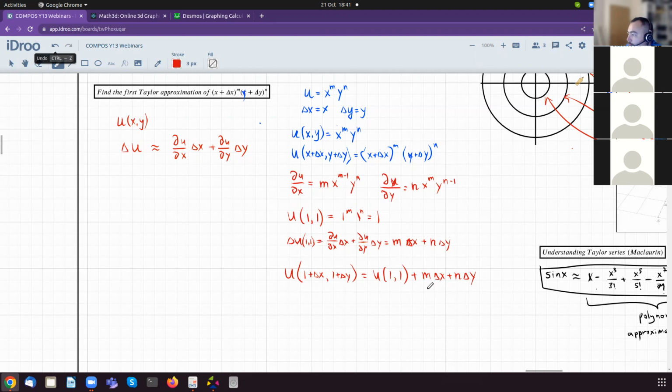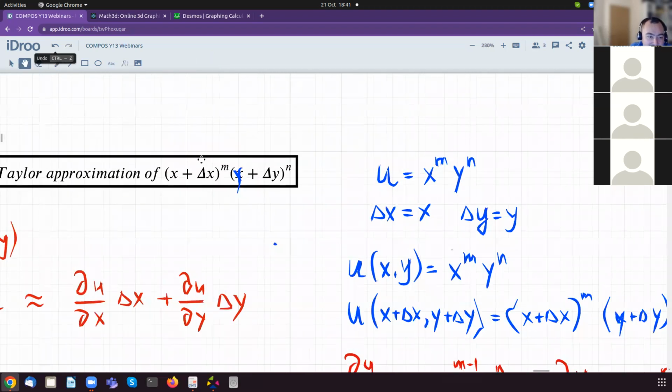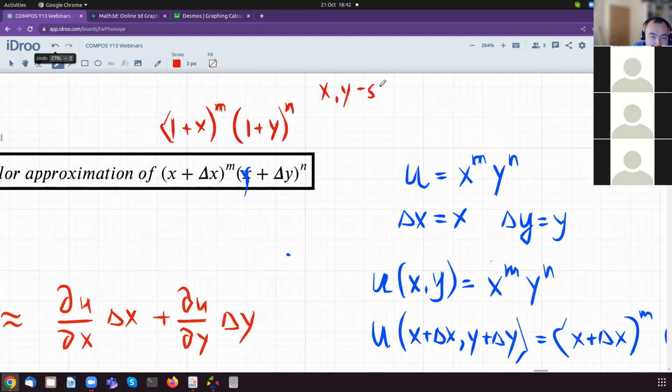Sorry, I swapped the terms in the equation. The equation was 1 plus x to the power m and 1 plus y to the power n, and x and y are small.